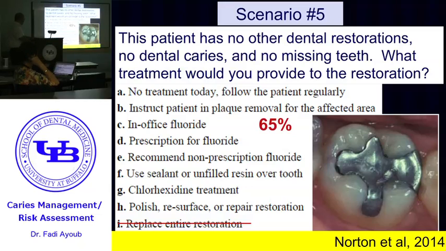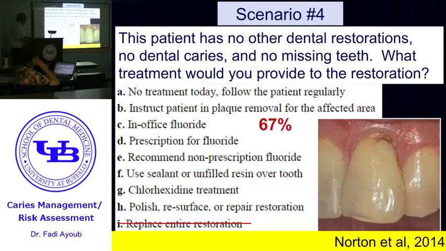So the question: is there any difference in treating this between your own office, under your own supervision, or here in the school? Should we consider that when we treat lesions like that in a school where the patient may not show up, may disappear, versus your own office?